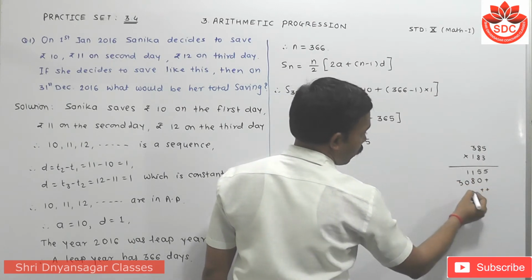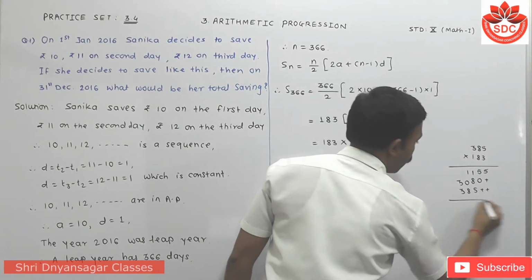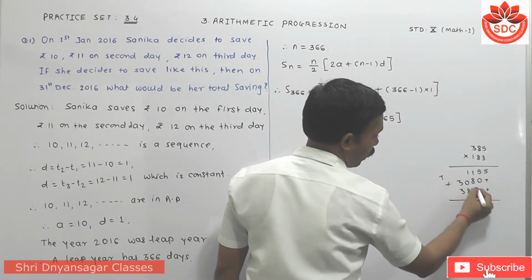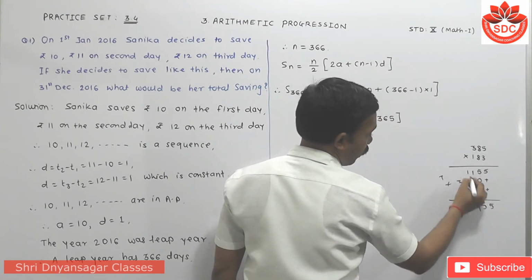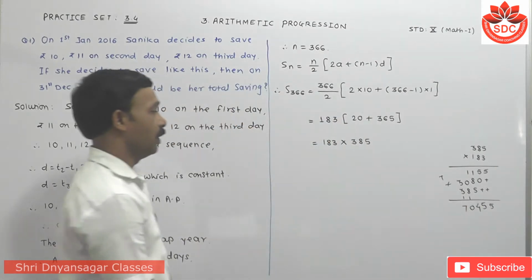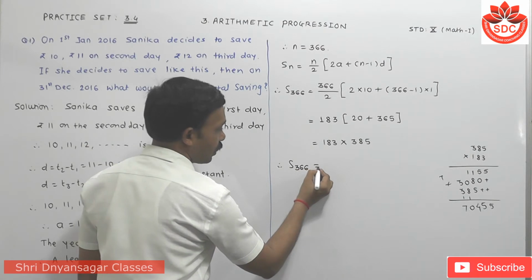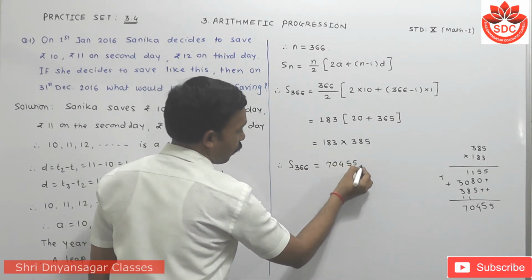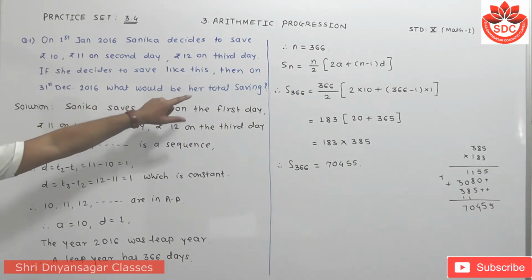Then again take 0 here, then 1 5 is 5, 1 8 is 8 and 1 3 is 3. Now students, when we add it, we get 5 as it is, then 9 plus 5 becomes 14, carry 1, 9 plus 1 is 10, carry 1, 3 plus 1 is 4, 6 plus 1 is 7. Therefore, the sum of these 366 terms is equal to 70,455.